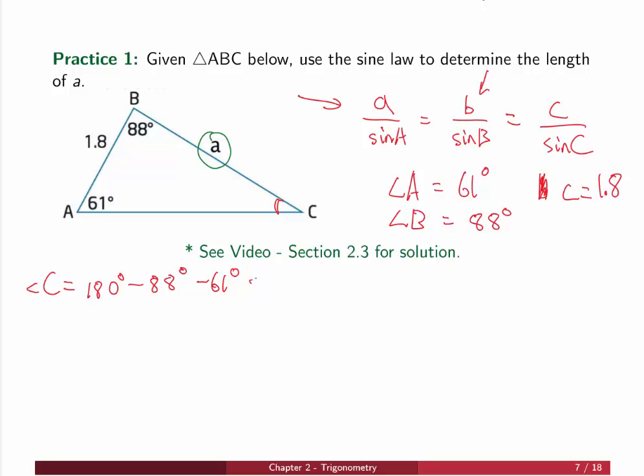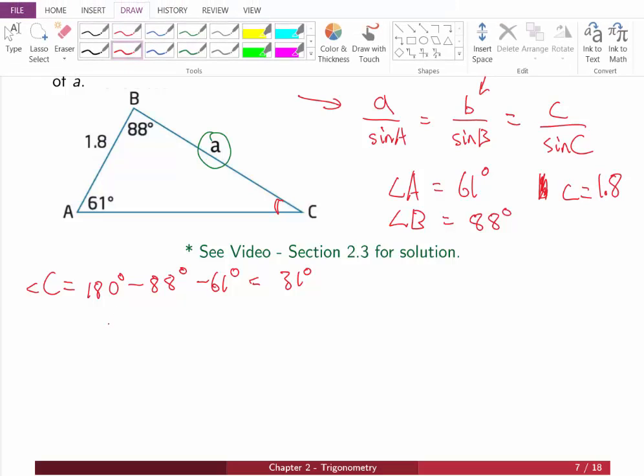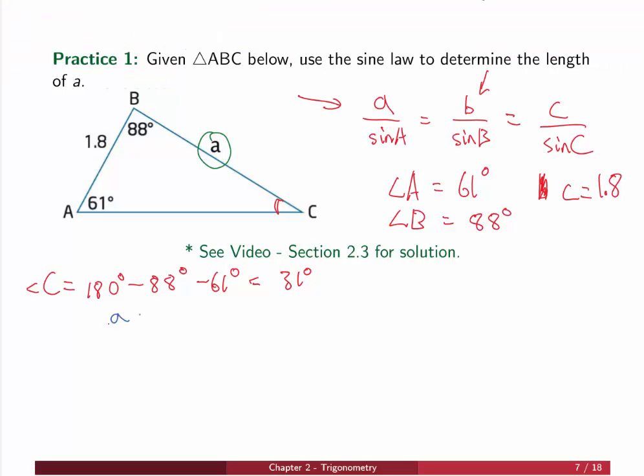Let me grab a calculator. So that's 180 minus 88 minus 61 comes out to be 31 degrees. So I'm going to use this form of the sine law: A over sine A is equal to C over sine C. We don't know what A is.